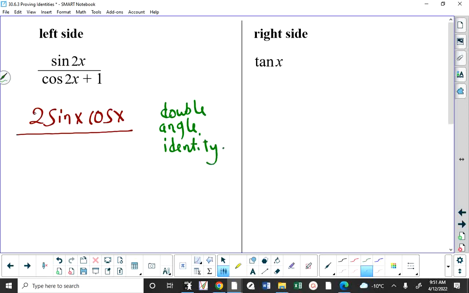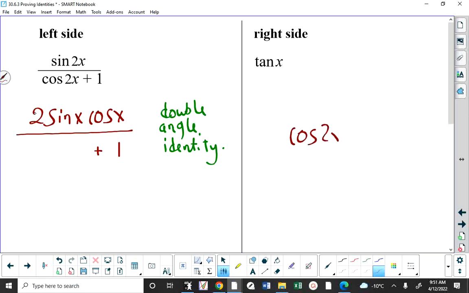Now, I also have on the bottom cos of 2x plus 1. So I need to replace cos of 2x with something. And I'm going to write down the 3 identities. You don't need to write them down. You can just look at your formula sheet. But here are the 3 identities, and I'm going to erase them in a bit.